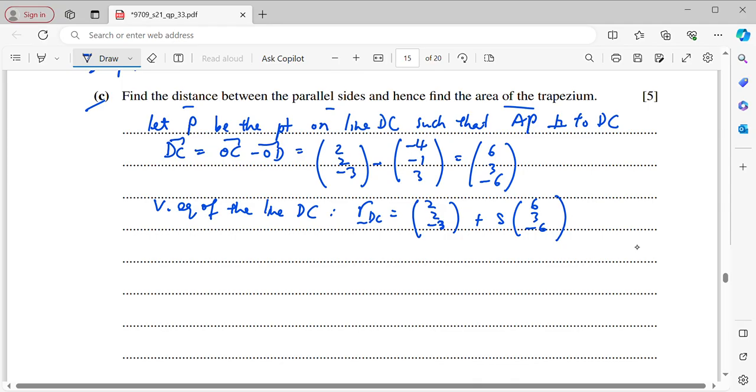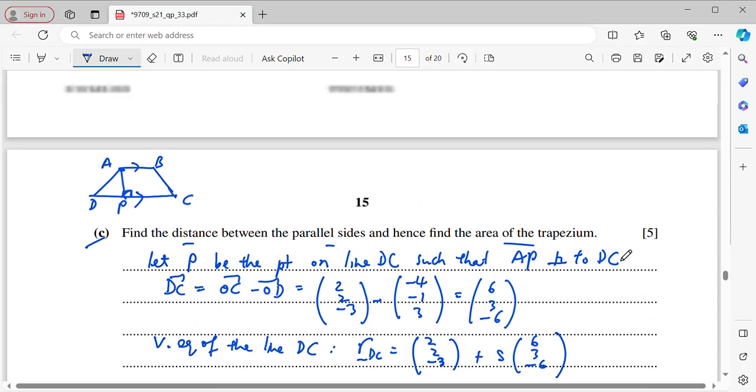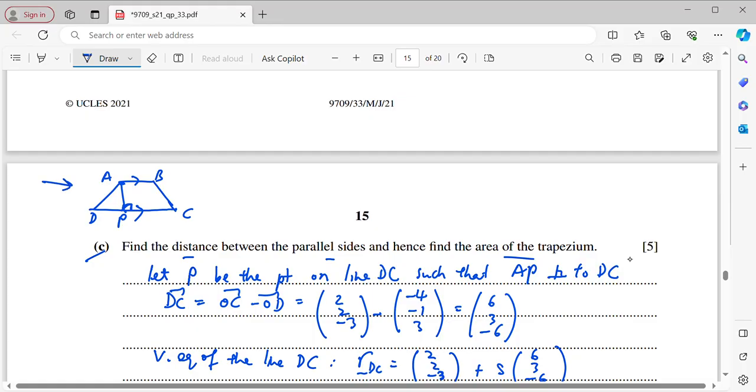Okay, so I let P be the point on the line DC, that means my OP is RDC, which is 2 plus 6S, 2 plus 3S, minus 3 minus 6S. Okay, and then from this diagram, we know that AP is perpendicular to DC.